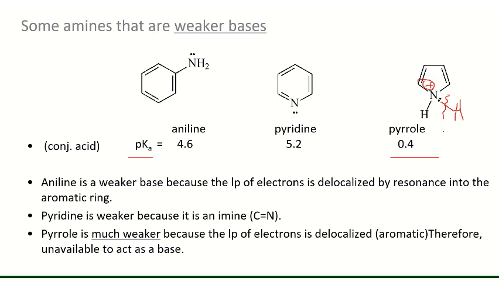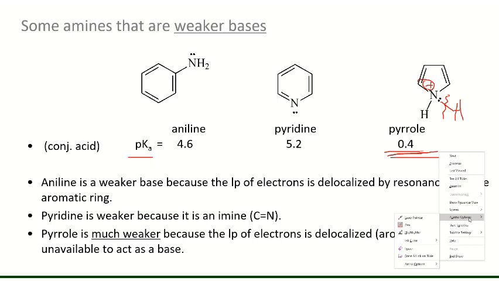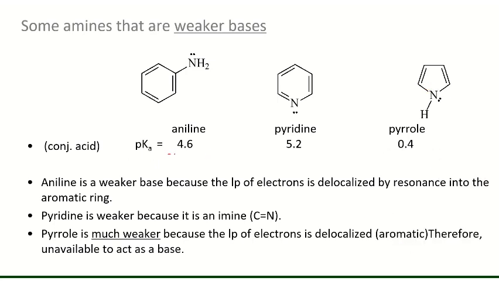So we have in pyrrole a very stable conjugate base. Hence, the conjugate acid of pyrrole is quite good, so a stronger acid than that of aniline, i.e. the ammonium species of aniline.